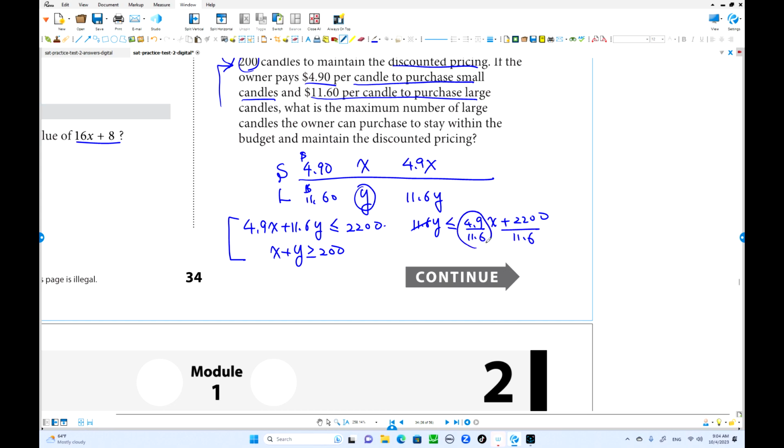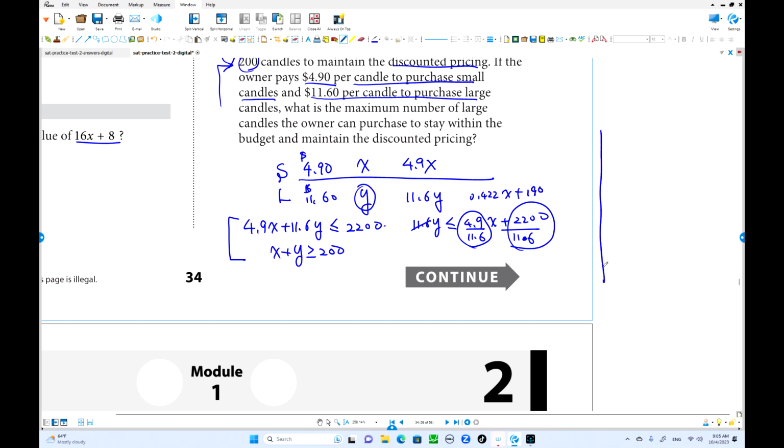Okay, maybe you can use a calculator for this one, okay? Approximately, 4.9 divided by 11.6 is 0.422, so negative 0.422x plus 2200 over 11.6 equals about 189, okay, 190.